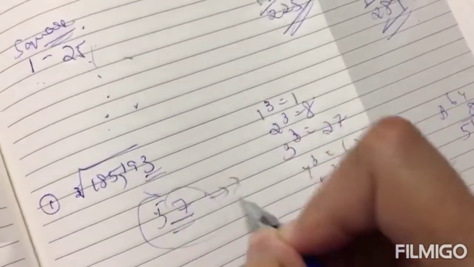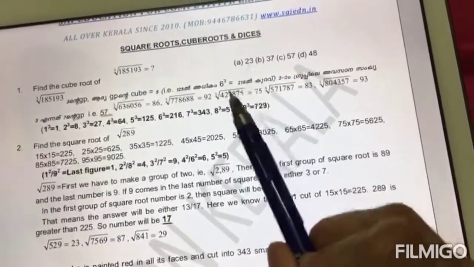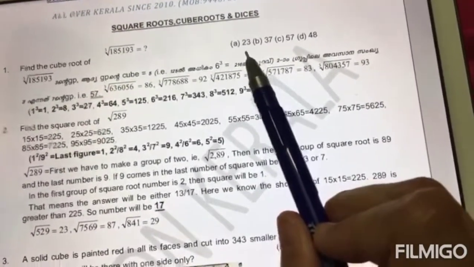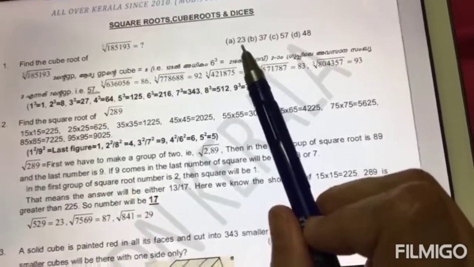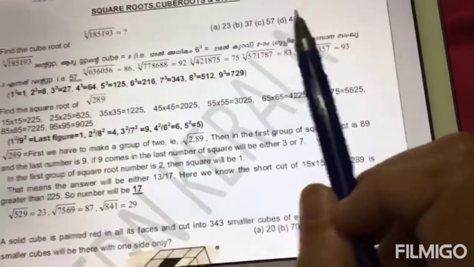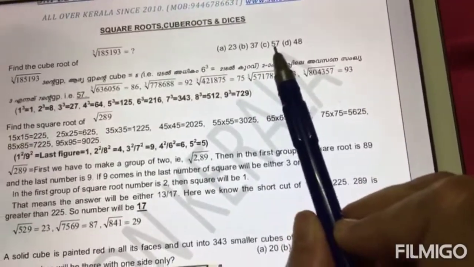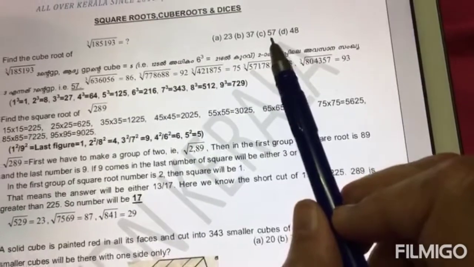We don't know. Okay, how do we check? Now look at the answer choices that they have given you. 23, definitely not. Why? Because we know that the last number will definitely end in 7. That we are sure about. 37, maybe. 57, maybe. 48, definitely not. So now 37 and 57. We are saying the first number may be 5.